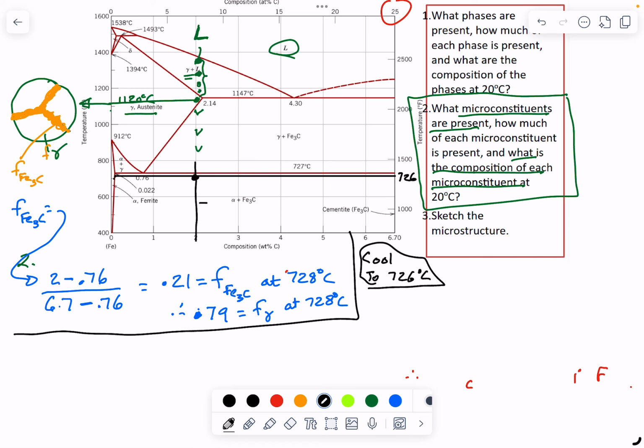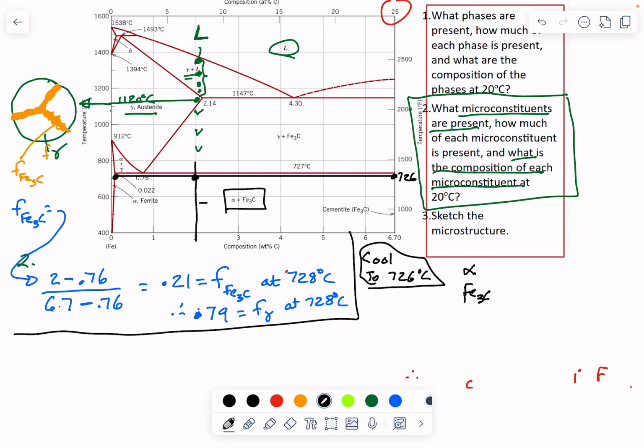We know that we are in a two-phase field. So we're gonna have alpha, and we're gonna have Fe3C. And now we end up in this kind of important question of microconstituents. All right, and so follow me carefully here.